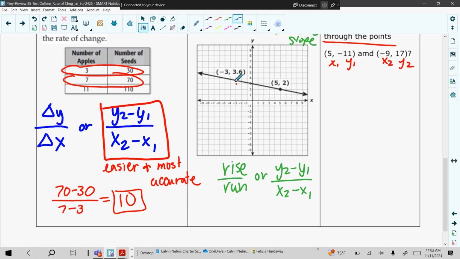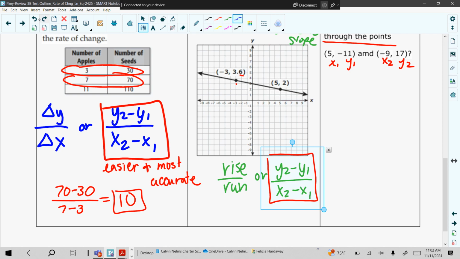The issue with this problem is, do y'all see our negative 3.6 point right here is not an exact point. It's a decimal. So when it's a decimal, we cannot do rise over run. Because when I count down, that's not 1 unit. That's part of a unit. So you would need to do this first.